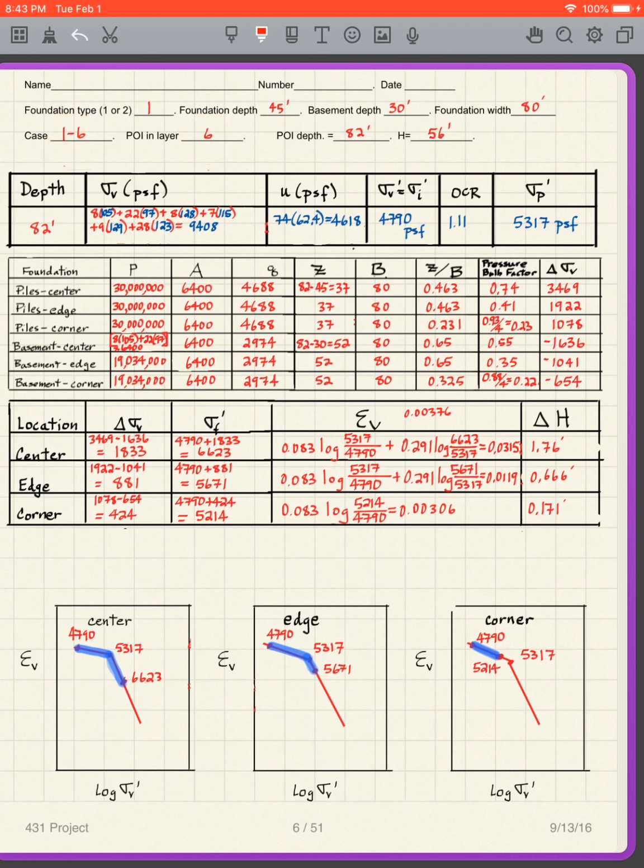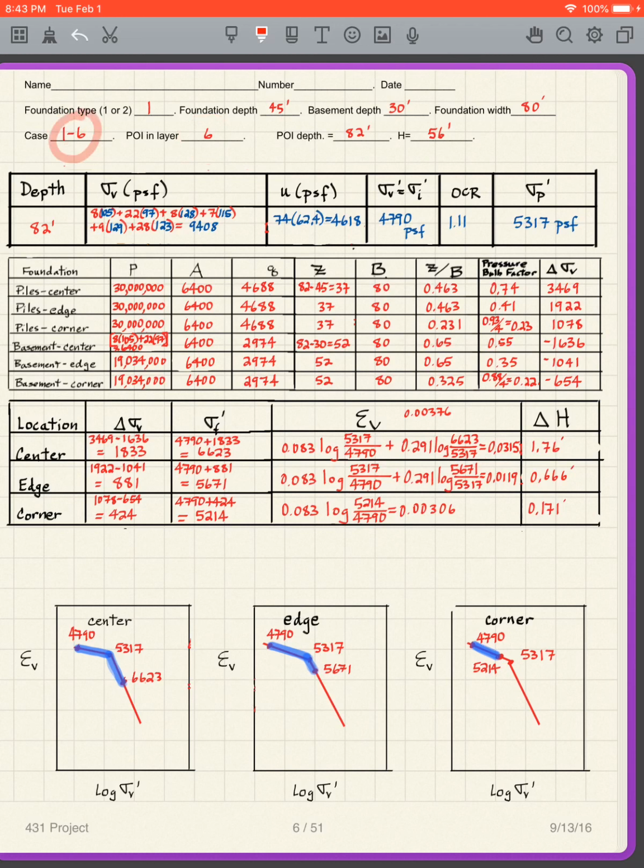Let's just look at it. So in other words, for case 1-6, we have a foundation type 1. That's our big mat. The foundation depth is 45, but I have basement depth of 30. Foundation width is 80. And we're considering layer 6, which gives us a point of interest at 82 feet, and the thickness of that layer is 56 feet.